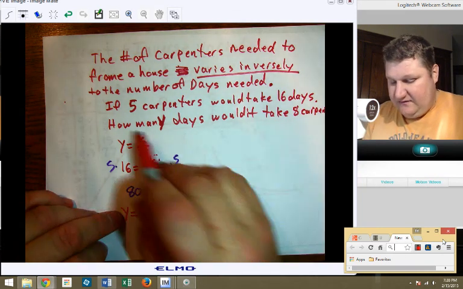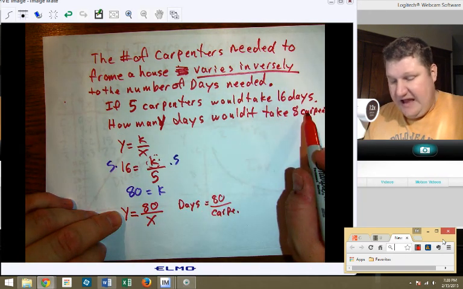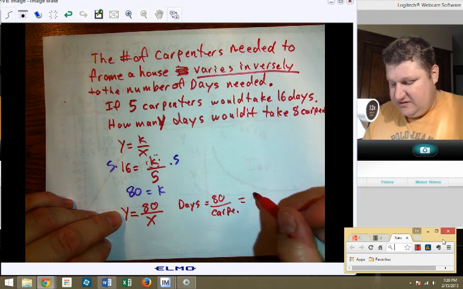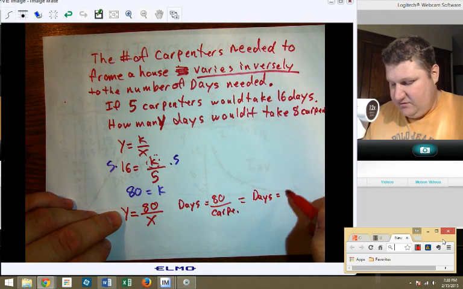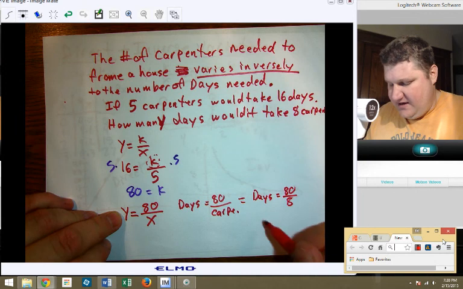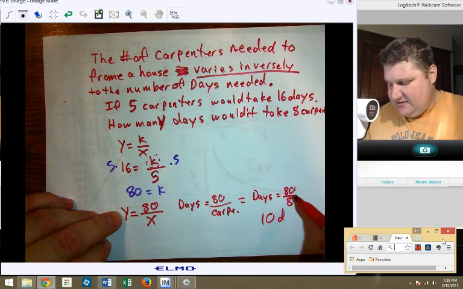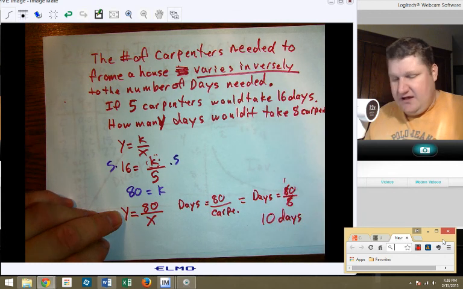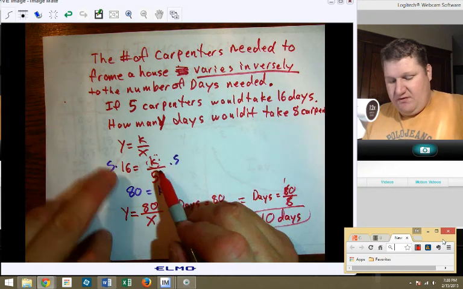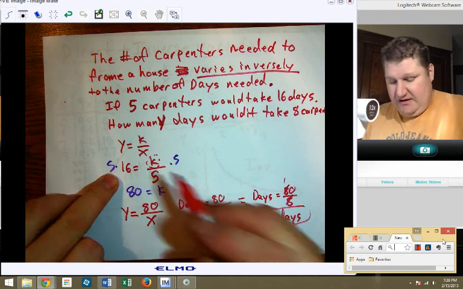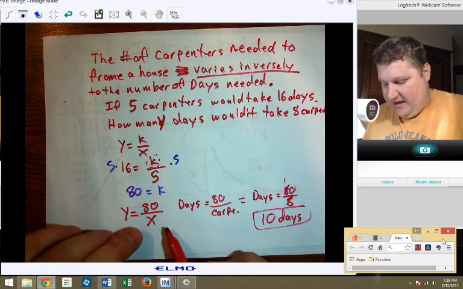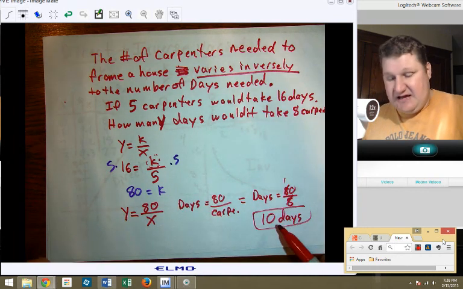It says how many days would it take if 8 carpenters? So days equals 80 over 8. It would take 10 days. So with 5 guys, it takes 16 days. With 8 guys, it takes 10 days.